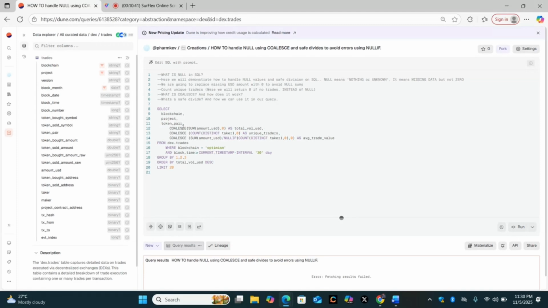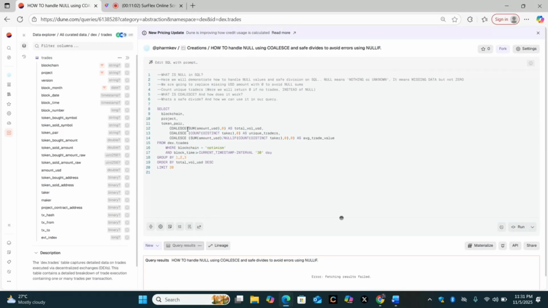It converts every possible null you find in a column or in a result to zero. I'm just trying to use the easiest way to explain. So the COALESCE converts every possible null value you find in a column to zero.